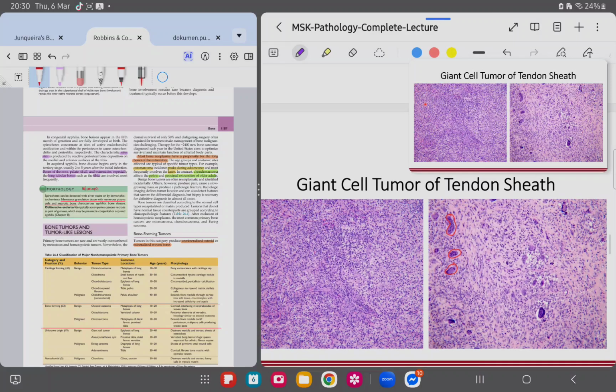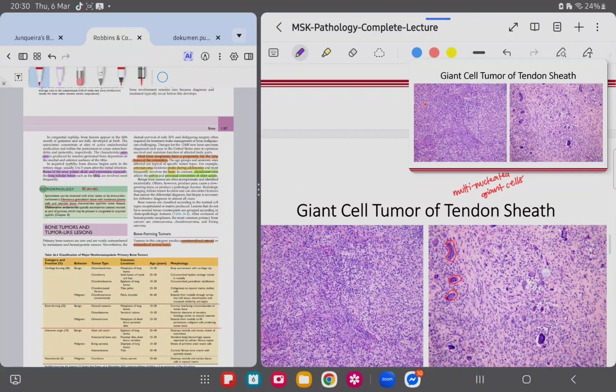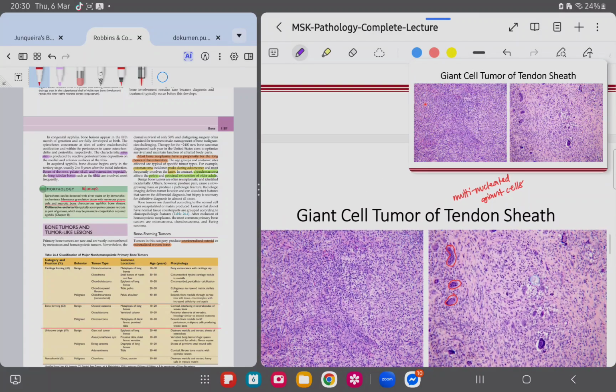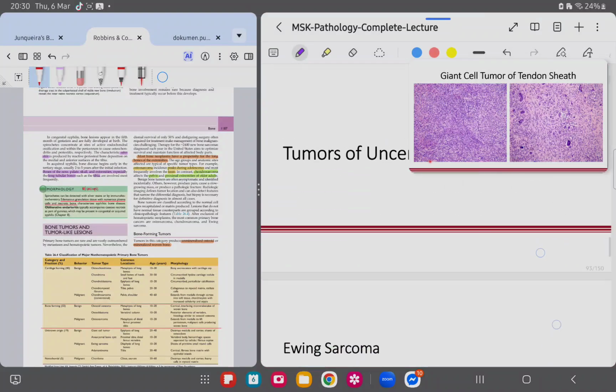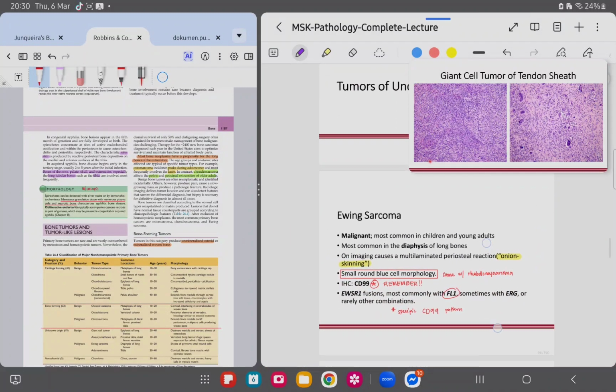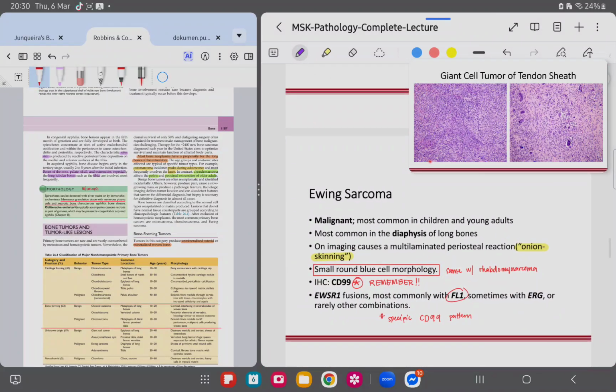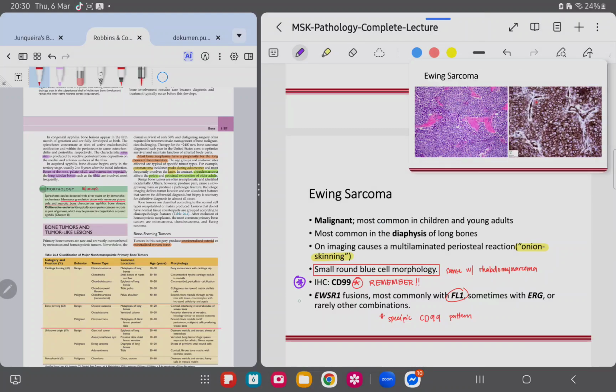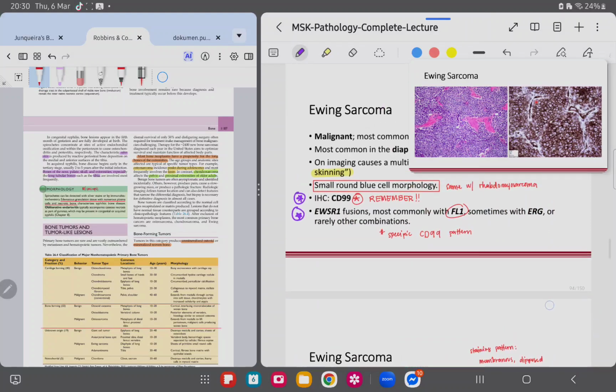And a few other curiosities that you will encounter: Ewing sarcoma, which is positive for CD99, strong membranous expression of CD99, and please do not forget the translocations associated with Ewing sarcoma. But usually the partner gene is EWSR1, so it could be FLI1, it could be ERG.